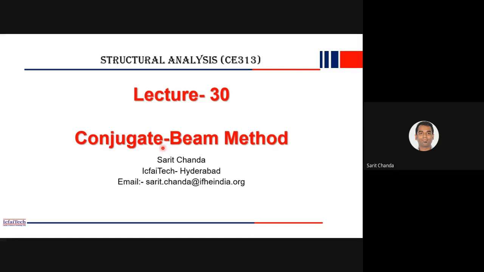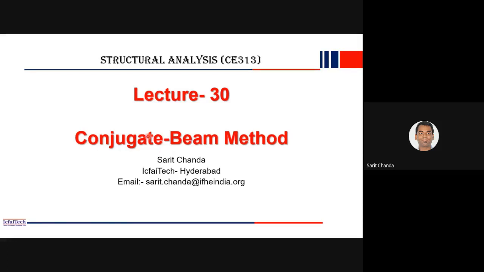Then in the last class, we discussed another method, the moment area method, for finding the deflections and slopes. We also discussed the advantages and disadvantages of each method, and in which situation you could use the double integration method and in which case the moment area method.